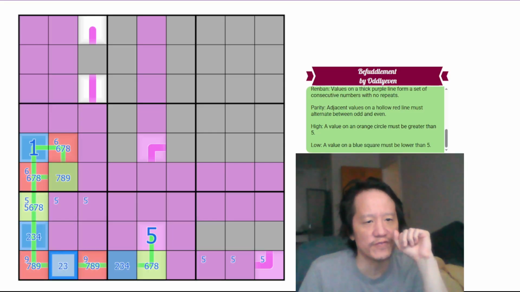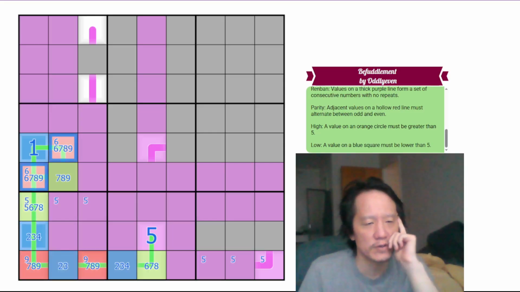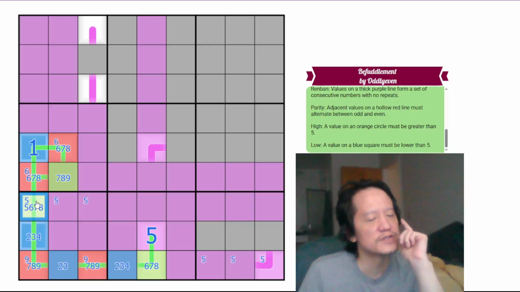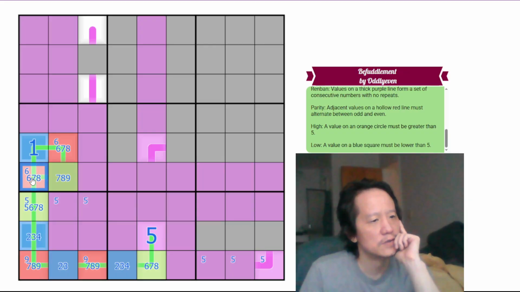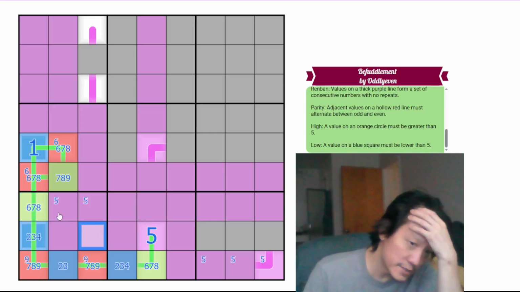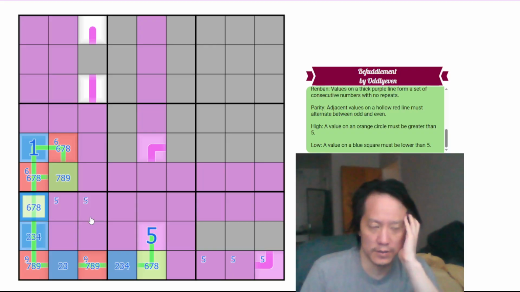This can never be 5 doubled. Oh, no, it could be. Never mind. If this is... No, this can never be 5 doubled. If this is 5 doubled, that is not 5 or more away from 6, which is the lowest digit here. So this cannot be 5 doubled. It's 6, 7, 8 doubled.